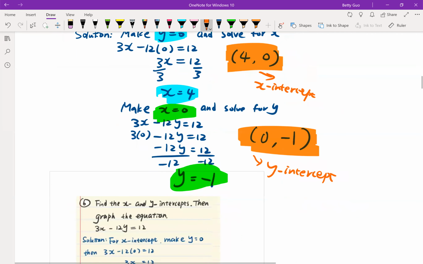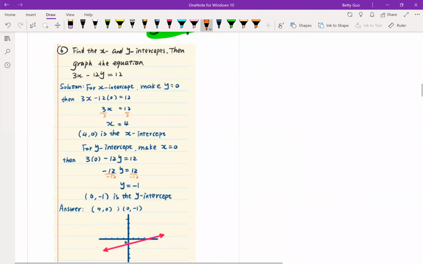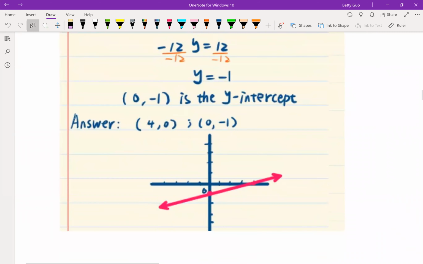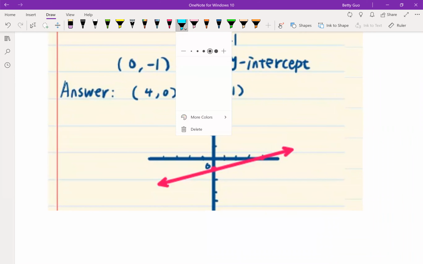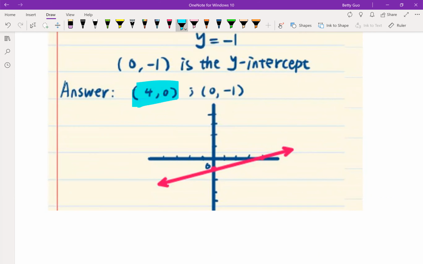Once we have the x-intercept and y-intercept, we can graph them. The x-intercept is (4, 0), so the point is right here, the orange point, 4 units to the right of the origin on the x-axis.